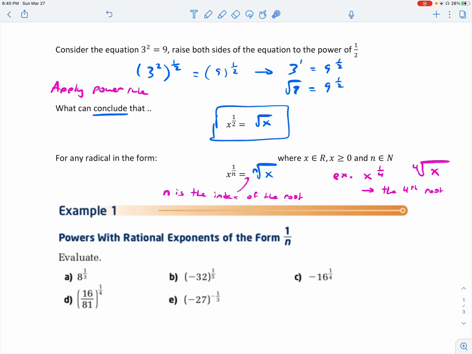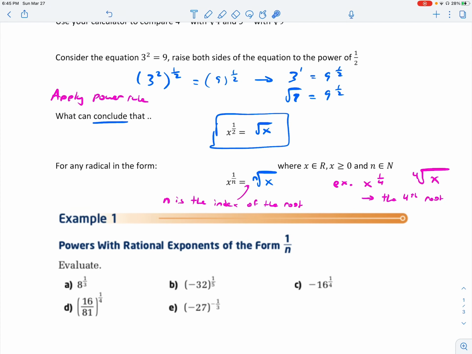We call that the index. And remember, since we're talking about radicals, the part inside is called the radicand, and the whole thing is called the radical.